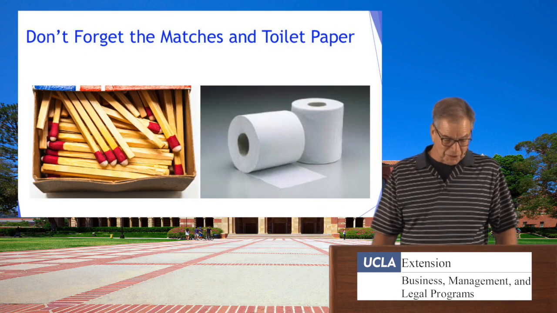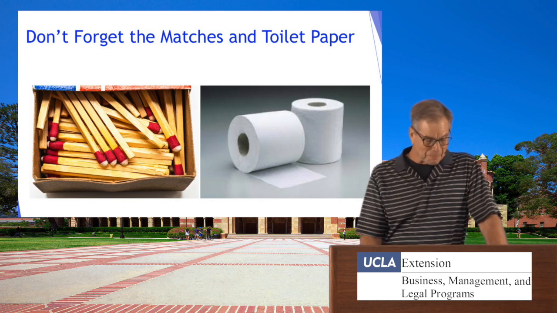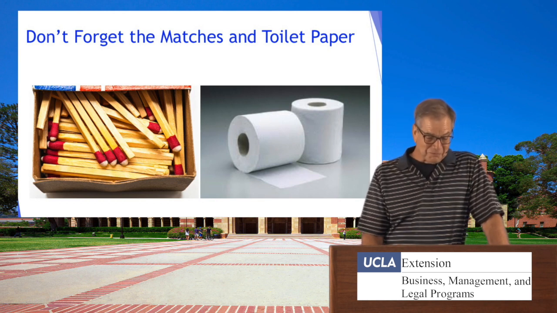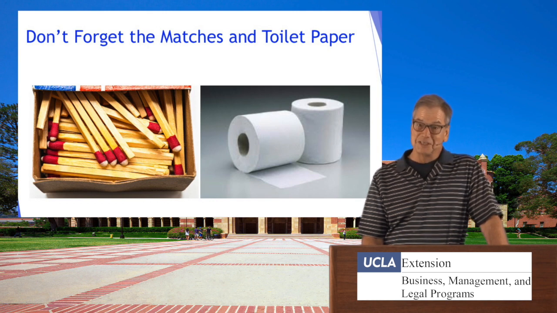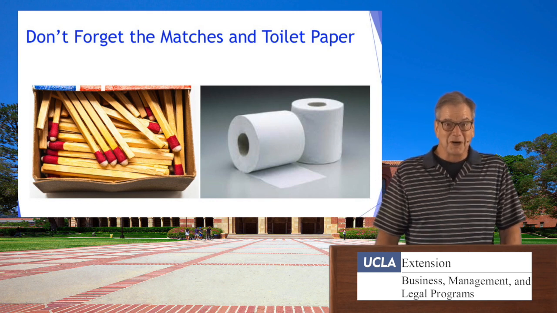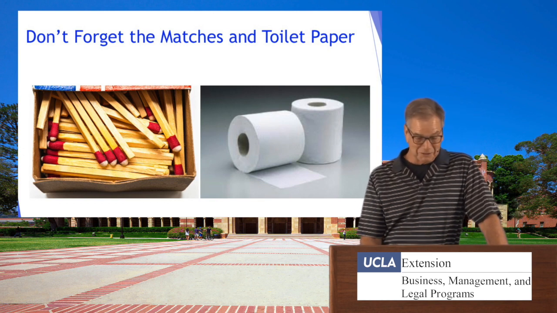And just a little humor here: if you're going to go camping, don't forget the matches and toilet paper. They're pretty essential, and perhaps it's very easy to forget, but you don't want to be caught in the middle of nowhere camping and not have these particular items.